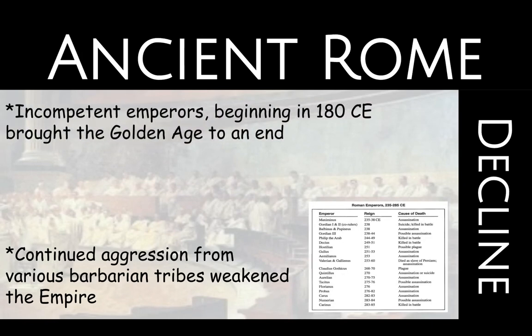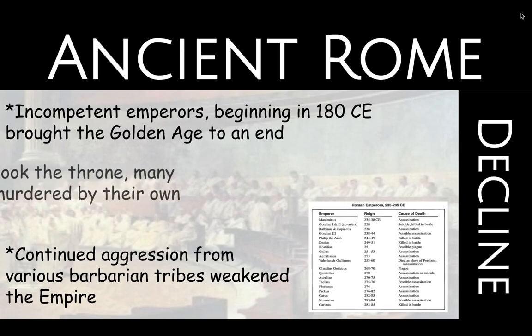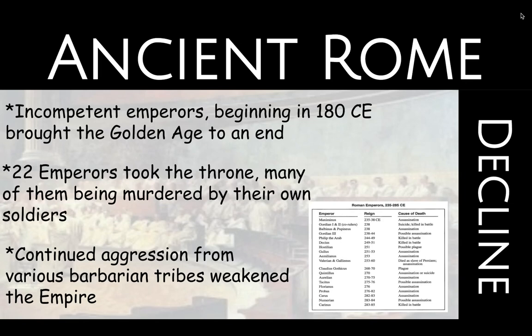So around 180 CE, the Golden Age comes to an end because there are a whole series of incompetent emperors who come to power and don't really know how to rule, and they don't rule well. 22 of these emperors will come to the throne during this short period of time between the end of Pax Romana and the end of the Golden Age.